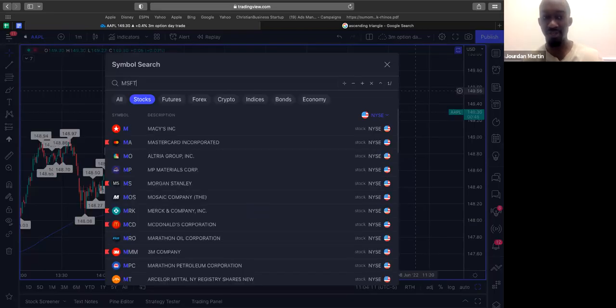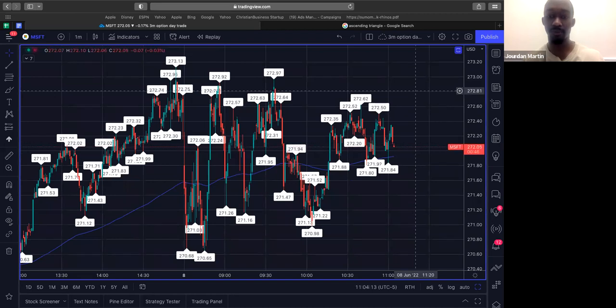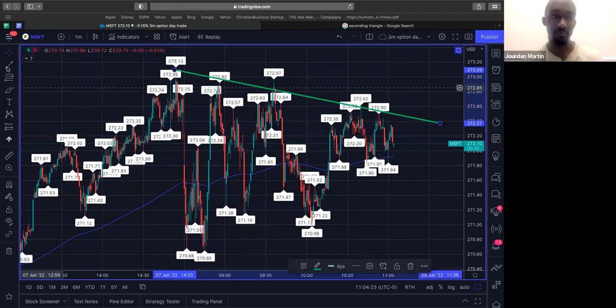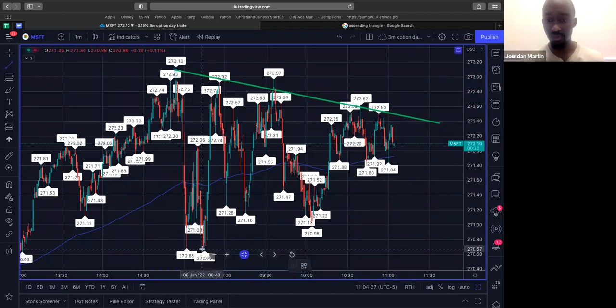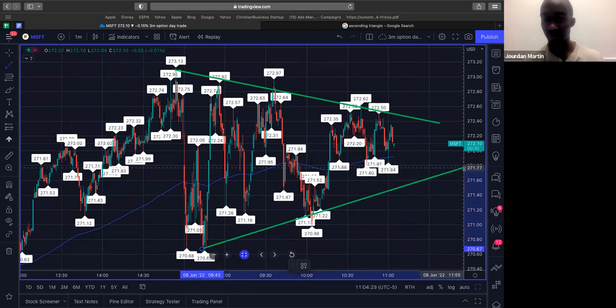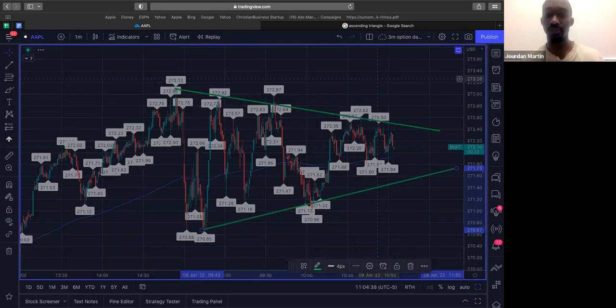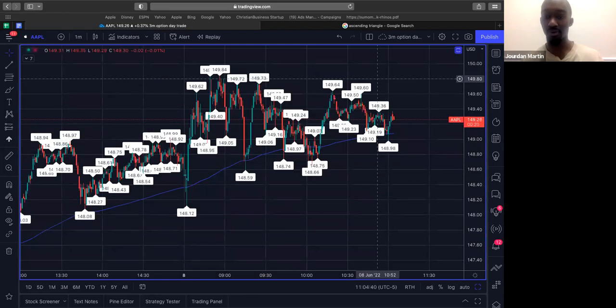All these stocks are just kind of sitting here in these little ugly chop patterns. Like Microsoft, 273 to 270. I don't like none of this. You're going to have to see which way it breaks out, whenever it breaks out. I don't even really care to look at these though, because I'd rather just wait. So nothing on Microsoft, nothing on Apple.